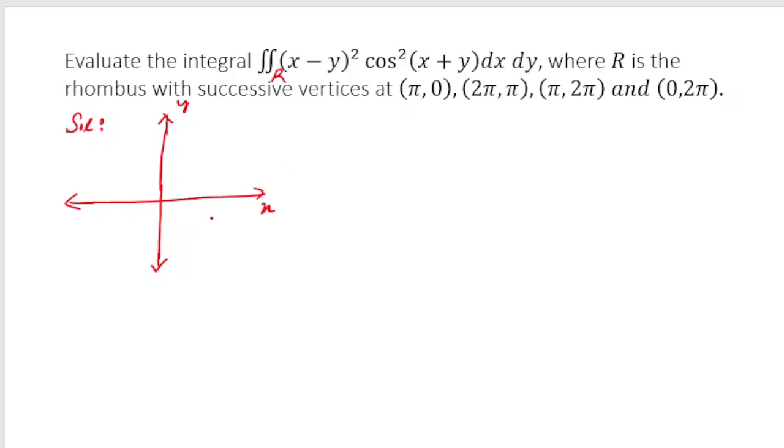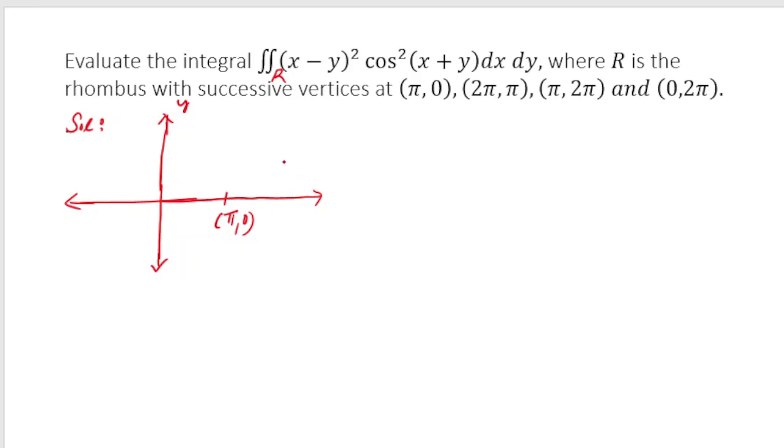So we have the successive vertices at (pi, 0). Pi means 3.14, something like that. So it is (pi, 0), and then (2 pi, pi). So let me make the axes slightly bigger, otherwise it will not look good. Looking good is also important, no? We all focus a lot on appearing good.